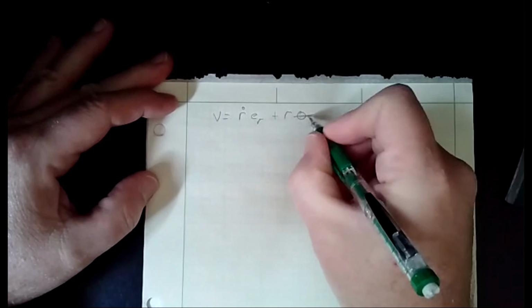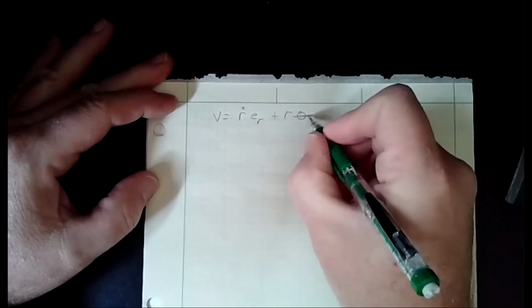And then the acceleration is equal to r double dot minus r theta dot squared, and then plus r theta double dot plus 2 r dot theta dot, and then that's all times its unit vector.